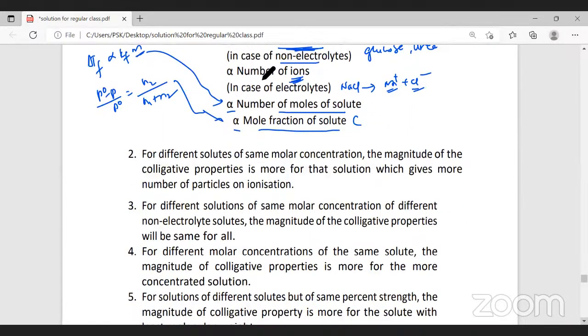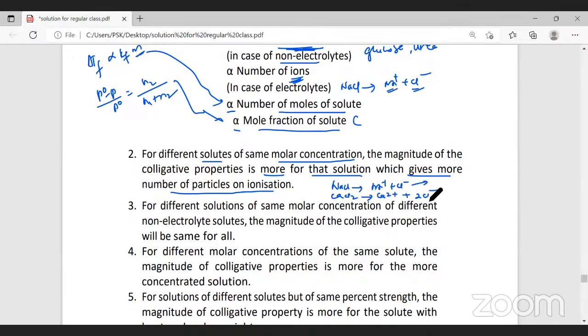The second factor: for different solutes of the same molar concentration, the magnitude of the colligative property is more for the solution which gives more particles on ionization. If I take NaCl, you get Na+ and Cl-. If we take the electrolyte calcium chloride, assuming complete dissociation, it gives a calcium ion and 2 chloride ions.